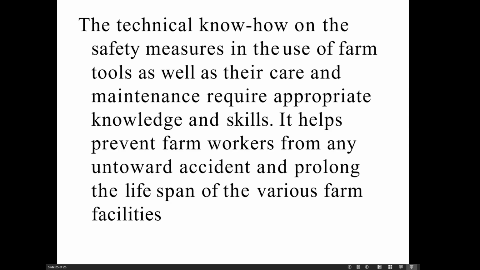And also, para mas magamit nyo ng mas maayos, mas maganda, at high performance ang mga tools nyo, you should also know how to take care of your tools.